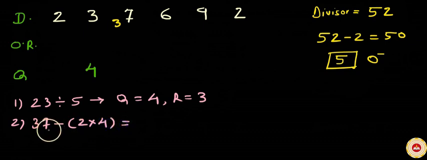Yes. 37 minus 8 is 29. This 29 is first osculation number, and write this 29 below dividend from which this osculation number has been calculated. So let us write this 29 below this 37.